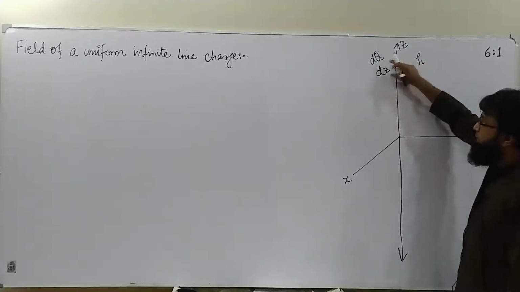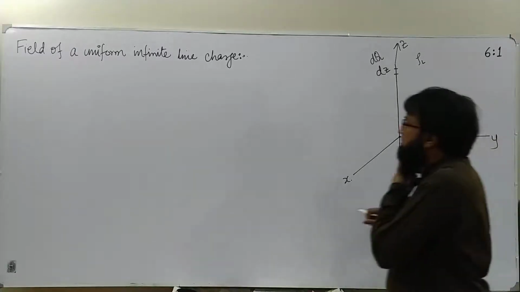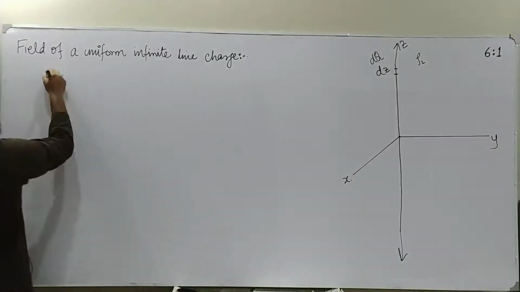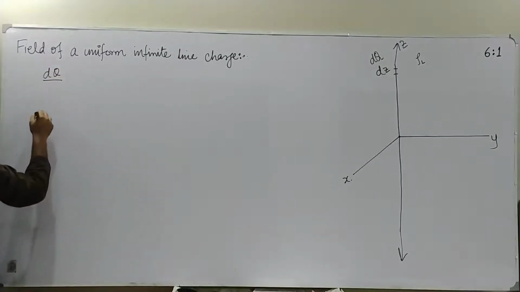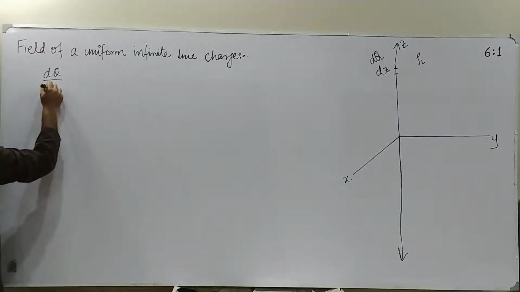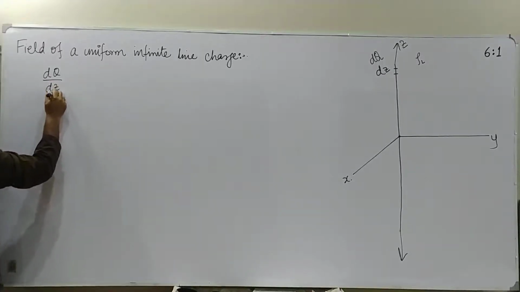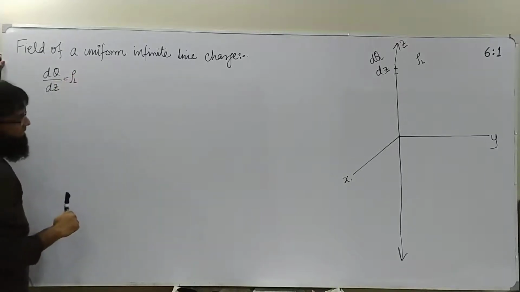differential length would be dq, differential q. We know that from our previous discussion of charge densities of various dimensions, dq upon dz will be the line charge density.